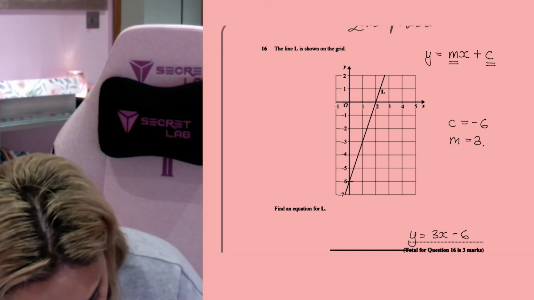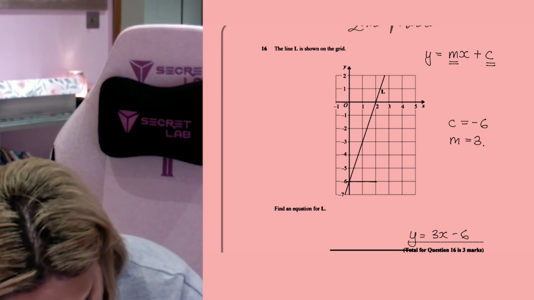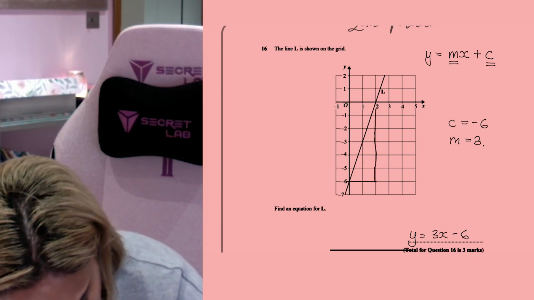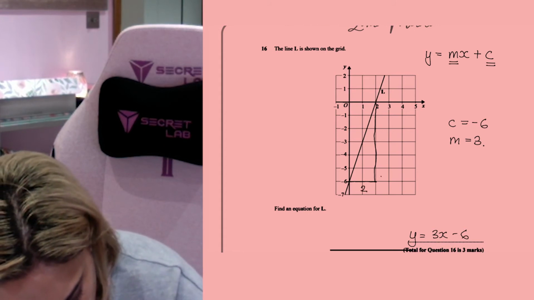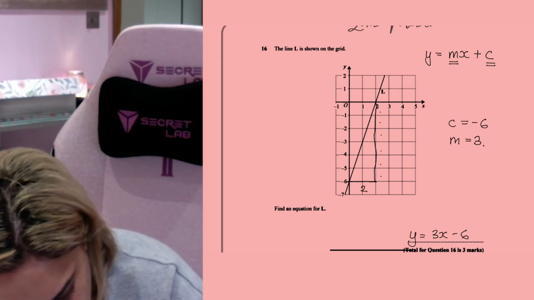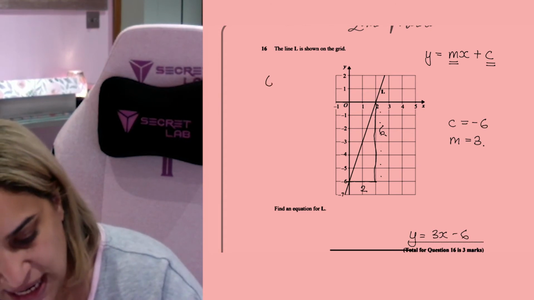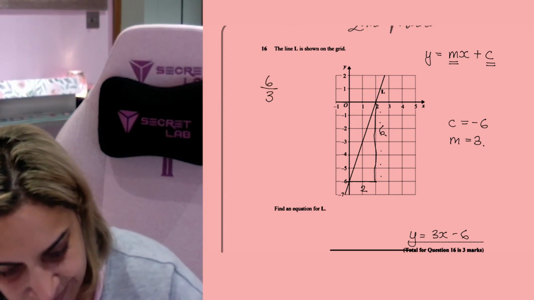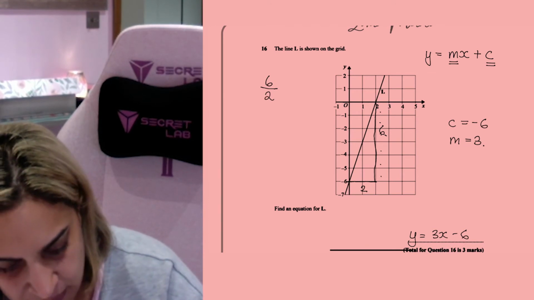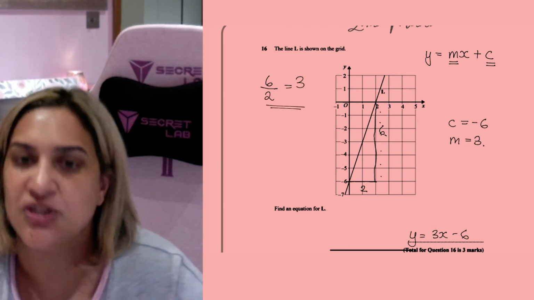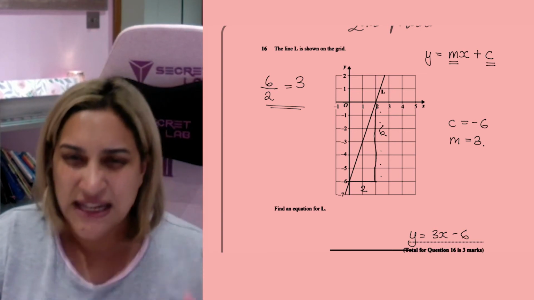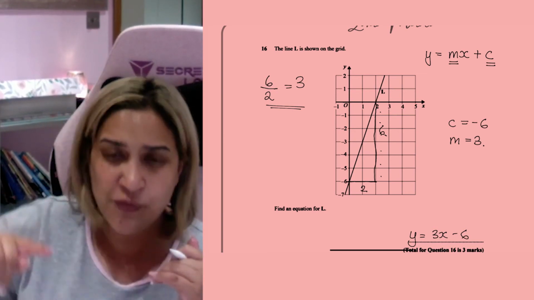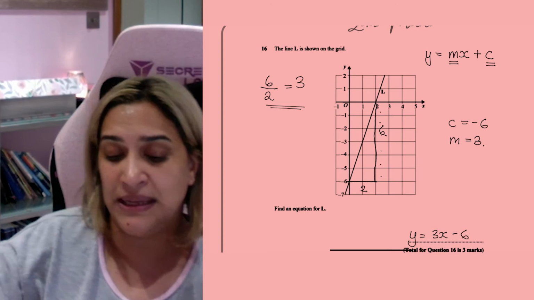So if we go 2 along and then we go all the way till we reach the line again, that's 1, 2, 3, 4, 5, 6. So we can do the change in y over the change in x, which is 2. So 6 over 2, which gives you 3, and you get to the same answer. But essentially what an m is for is, every 1 you go along, how many up do you need to go?